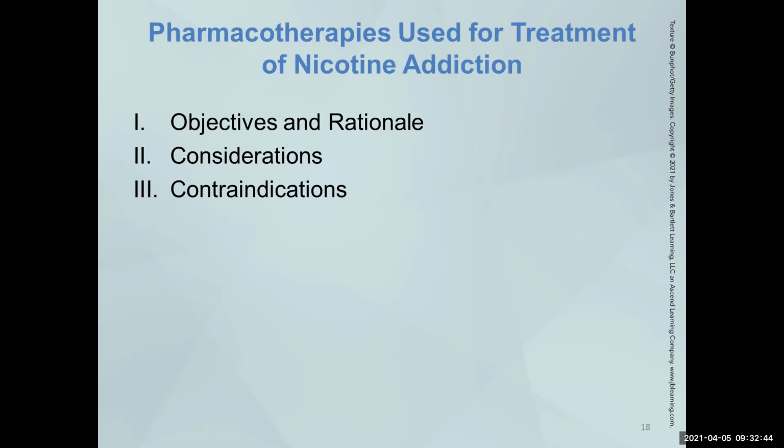And part of that help is using pharmacotherapies to help treat the nicotine addiction. So instead of going cold turkey, you can wean off, okay? And there are also other medications that can help with that addictive personality. And dentists are able to prescribe these.